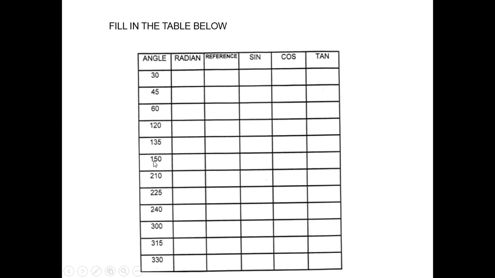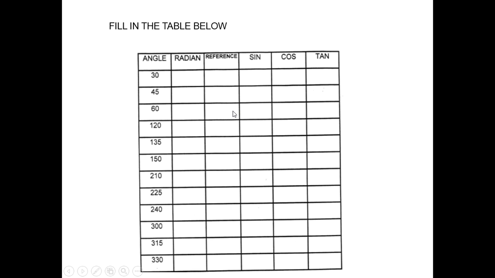Well, these are second quadrant angles, so 180 minus this angle is the reference angle, which would be 60, 45, 30. 210 through 240 are in quadrant 3, where the reference angle is this value minus 180. So this is 30, 45, and the 60 degrees.